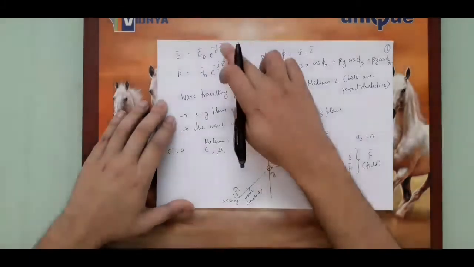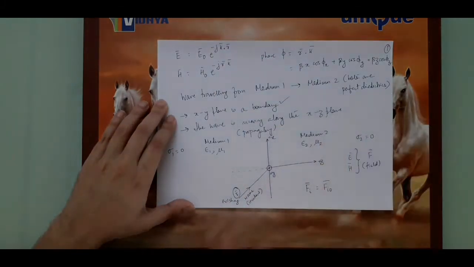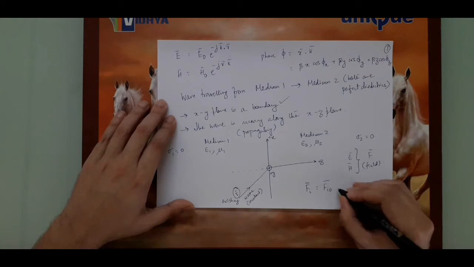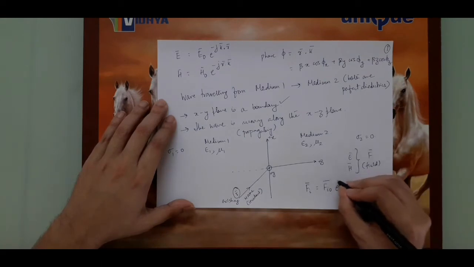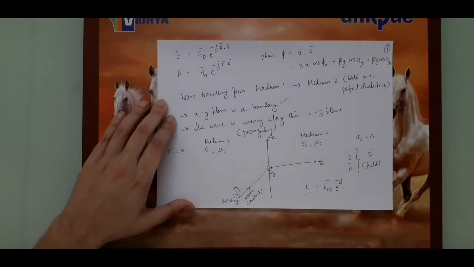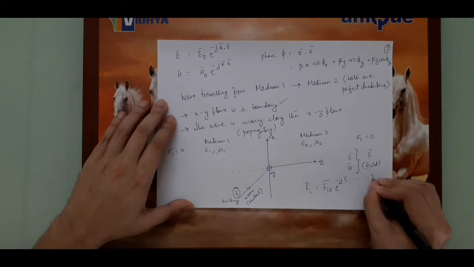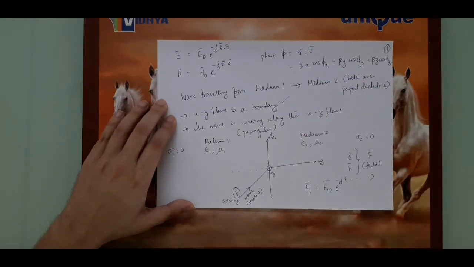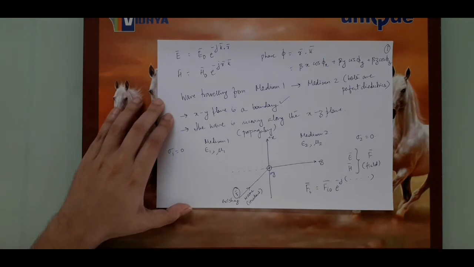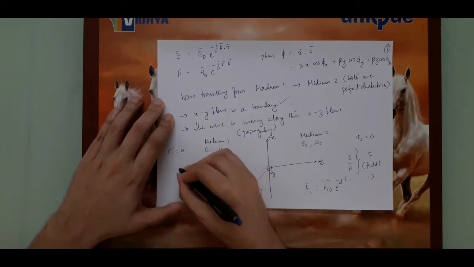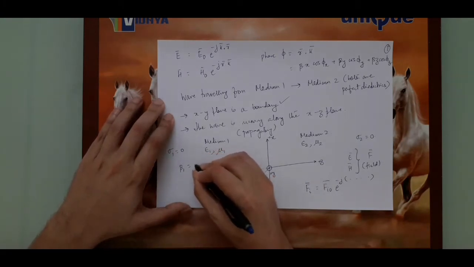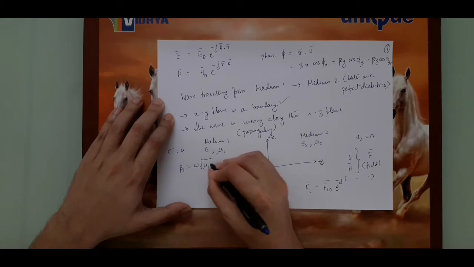What is more important is the exponential, because that tells us the wave direction. So this is e raised to minus j times this phase. Now in medium 1, I can say that the wave is propagating with a phase constant beta 1, which is nothing but omega root mu 1 epsilon 1.